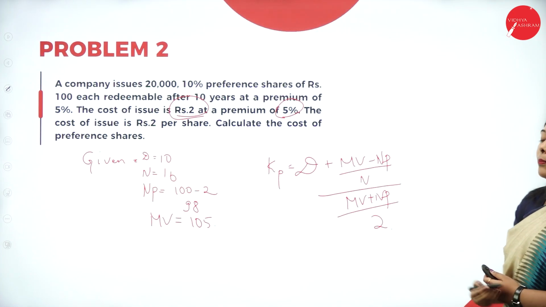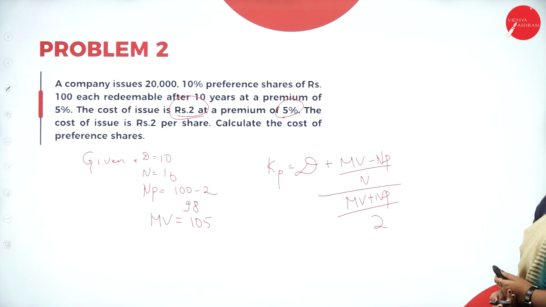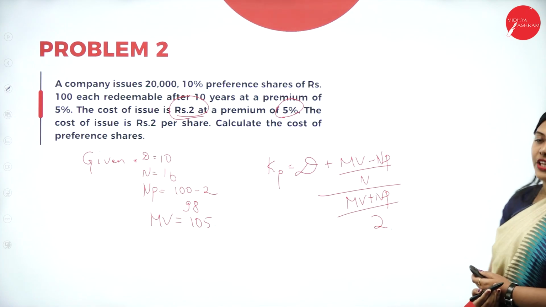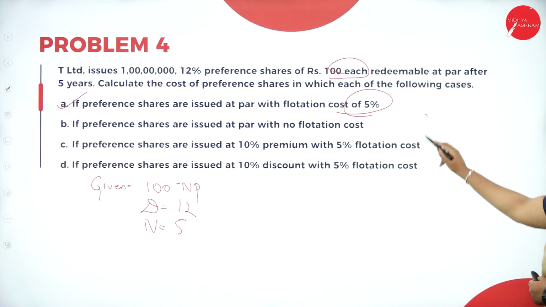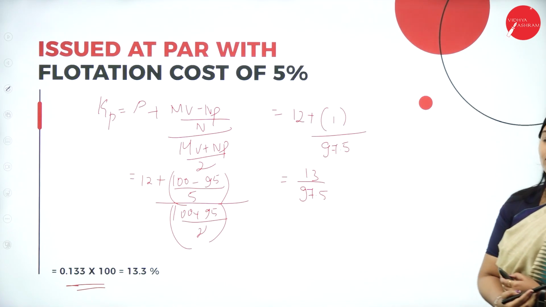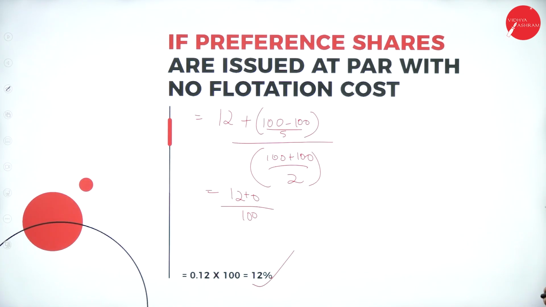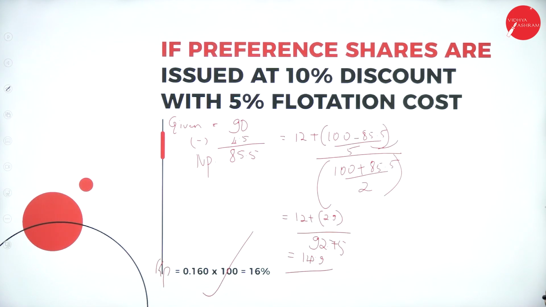So this is the problem based on redeemable preference shares, that is issued at a par, redeemed at a premium. This is your third problem. Fourth problem, we have all three conditions, all three cases that has been solved. First is issued at par with flotation cost 5%. Second is if preference shares are issued at a par with no flotation cost. And third one is if it is issued at 10% premium with 5% flotation cost, and if it is issued at a 10% discount with 5% flotation cost.